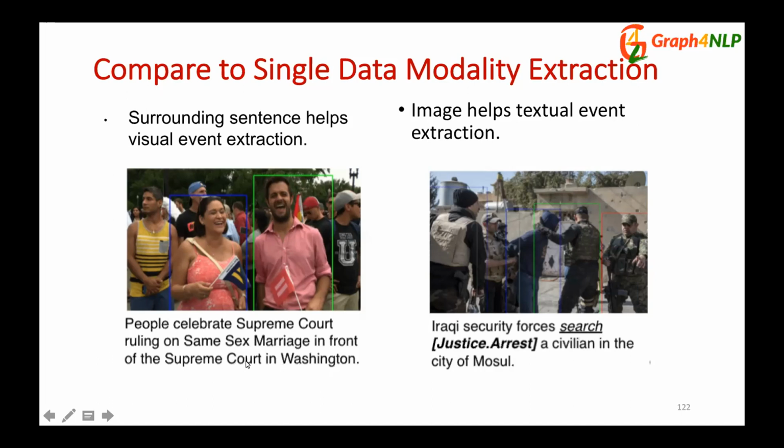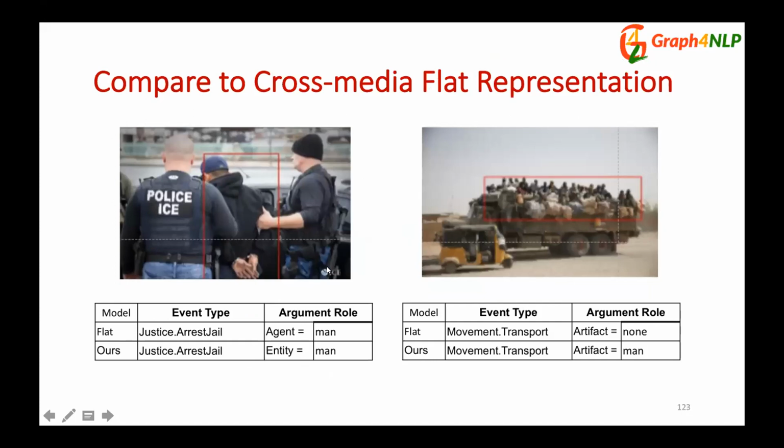But the body text tells us this is about a party, a very happy party, so we can fix that event type. Similarly, if we don't have the image features, and we only look at the text side, we may miss the arrest event here because search is not a very common trigger word. But looking at the common semantic embedding space, we are able to infer this is an arrest event because of the structure information in the image.